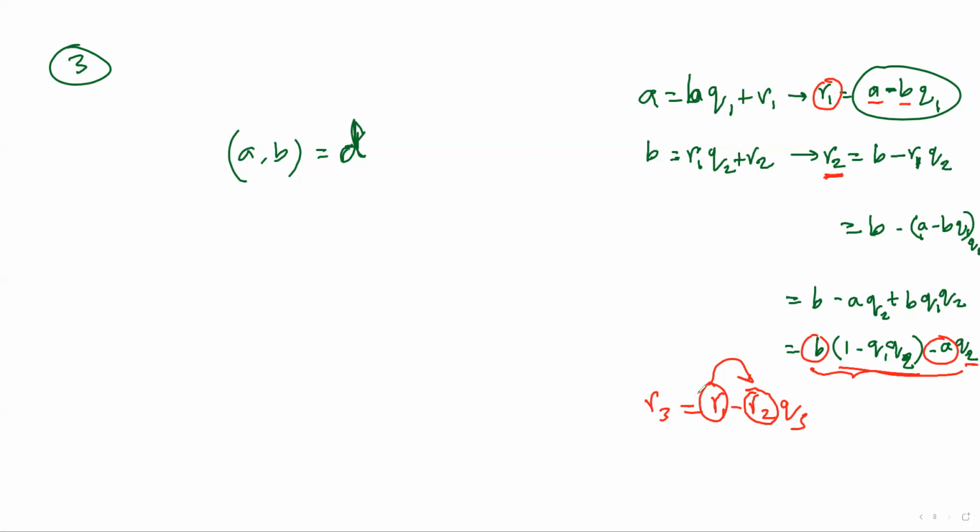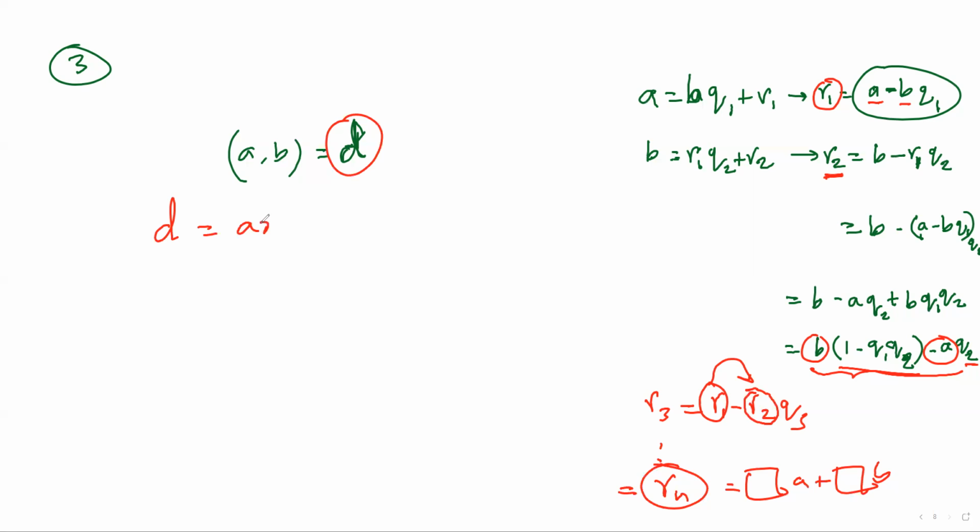And if you keep going using the same logic inductively, you can conclude that the final result Rn, which was the GCD, in this case D, is going to be some integer linear combination of A and B as well. And since we are dealing with integer linear combinations, D can be written as AX plus BY. This X and this Y, they are going to be integers.